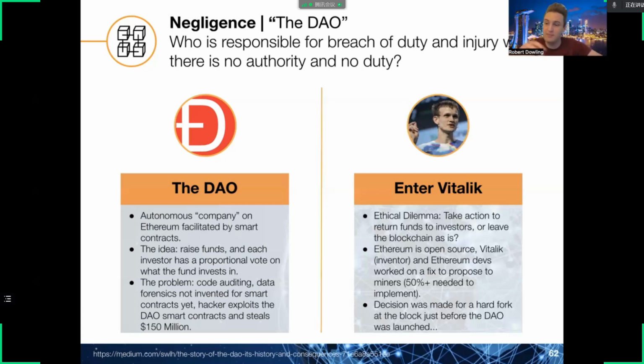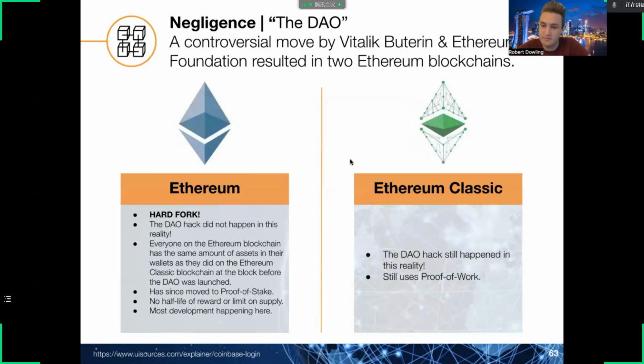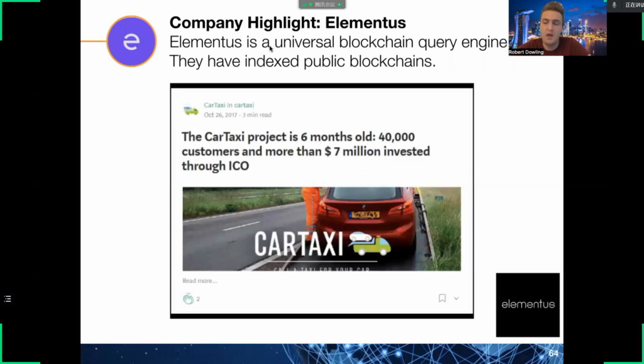And the Ethereum that people know and build on today, and which is switching to proof of stake, is this hard forked Ethereum. Yes, hard fork. And the old Ethereum, which still has the theft on it, is called Ethereum Classic, which many of you probably know about.